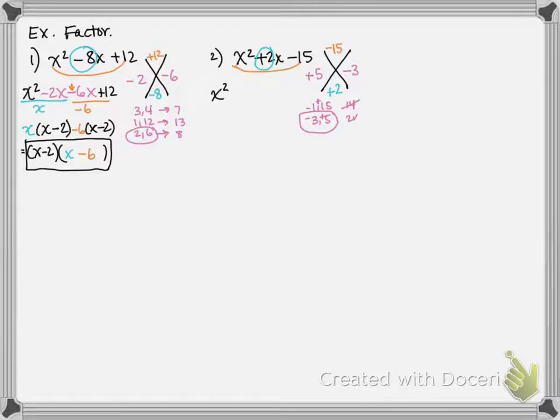So we have x squared, and what I like to do is put the negative number first, and I'll tell you why in a second. In the last problem, they both were negative, so I didn't have an option. So I had negative 3x plus 5x, and then minus 15.